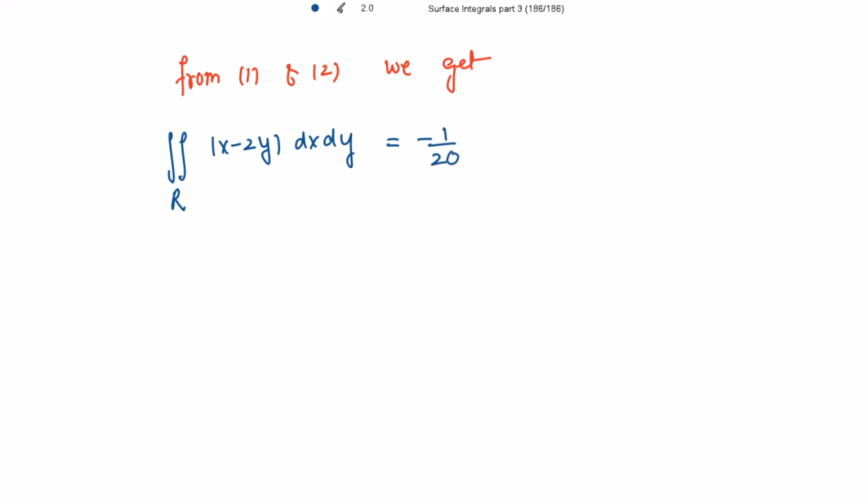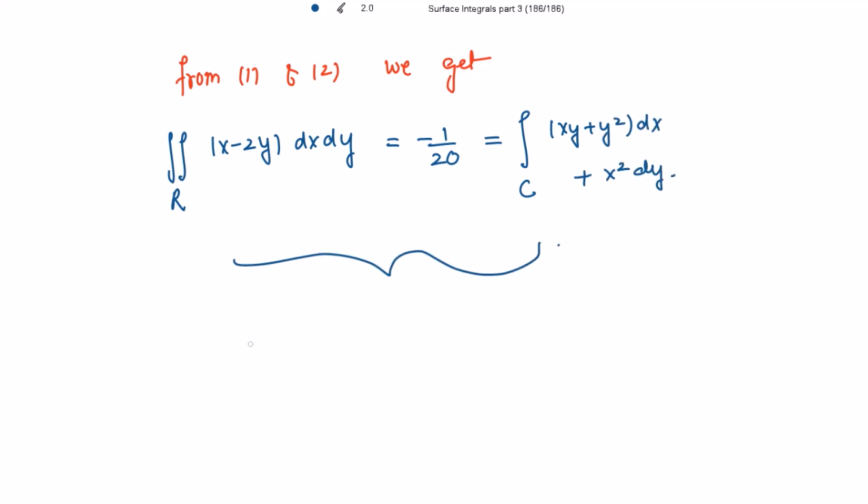So from 1 and 2 we get the double integral over the region for this integrand to be equal to minus 1 divided by 20, and this is also equal to the line integral of this integrand. Hence, the Green's theorem is verified.